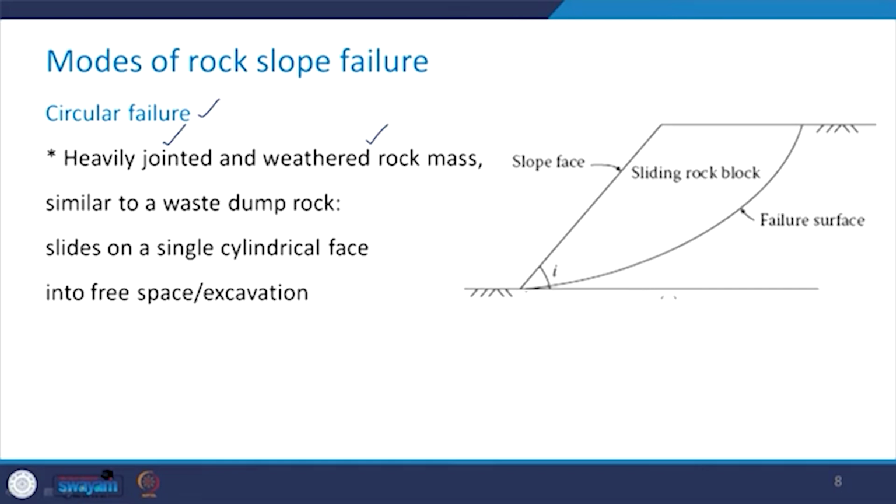So, you can take a look here that this is the slope face, and there is going to be the formation of the failure surface of this type, and the rock which is lying here will have a tendency to slide. So, this is the sliding rock block.